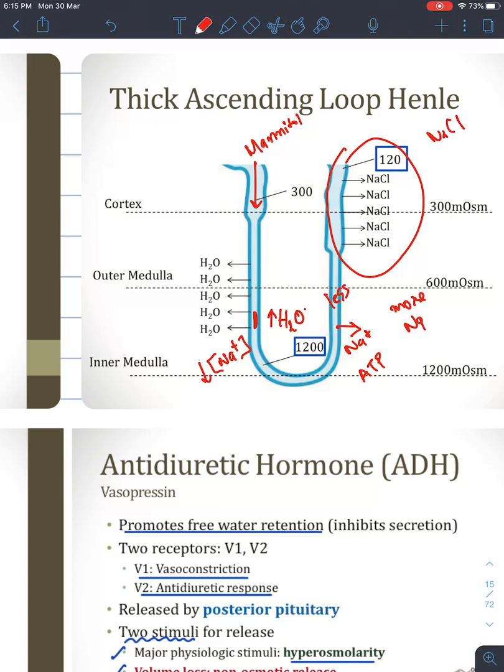One is the NaCl co-transporter over here, another, as we mentioned before, Na-K-2Cl. These are energy-consuming pumps which pump sodium out of the tubule into the interstitium against the gradient by consuming energy.